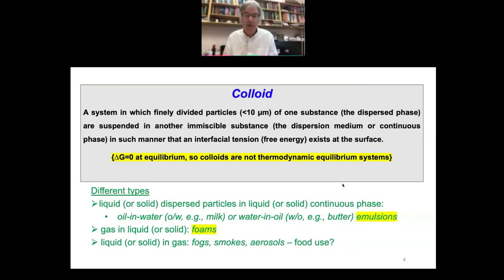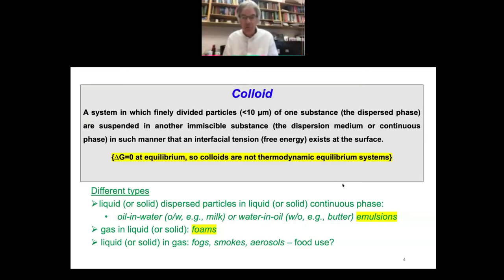So we have lots of different colloids. In the food area, we primarily talk about emulsions and foams. Emulsions can be liquid or solid particles dispersed into a liquid or a solid phase. It may be oil, for example, dispersed in water. We would call that an oil in water emulsion. Milk is an example. Or it could be a water in oil emulsion, where the water particles are the discrete droplets dispersed in a continuous oil phase.